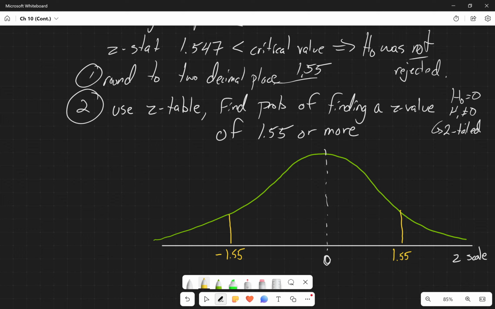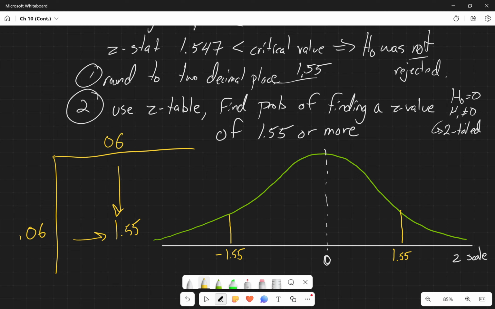Because if you remember, the table has different numbers that are related to the first two digits and the third digit, right? And then we had all these numbers inside of here. So you actually have to go in here and find where 1.55 is. And it's 0.0606. So this ends up being 0.0606 here.